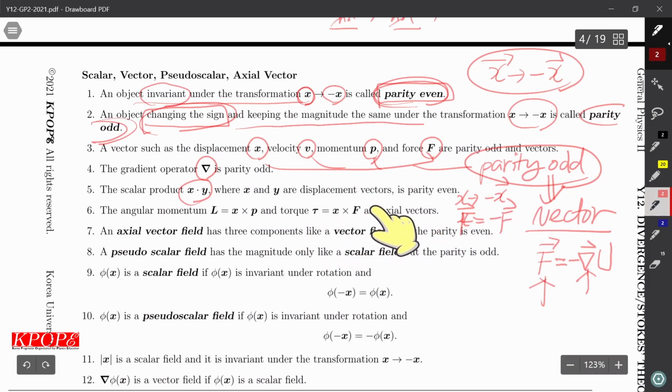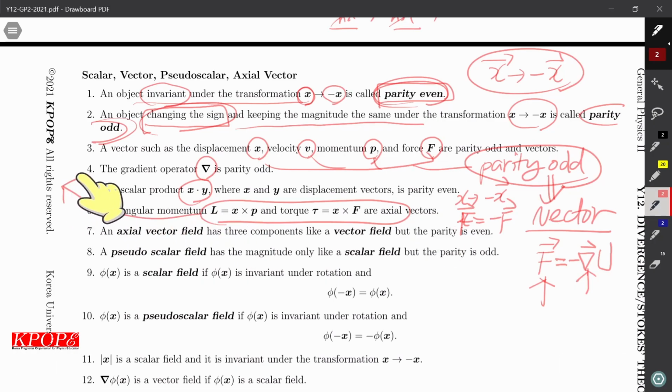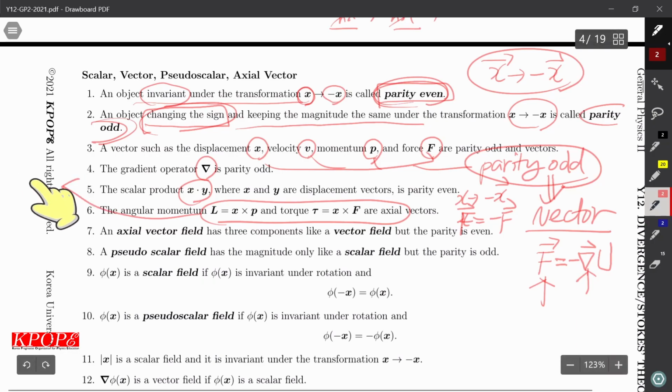So this is parity even and has three components. It is a vector, but it is not a real vector. It is a vector with opposite parity, parity even, and that is called an axial vector.